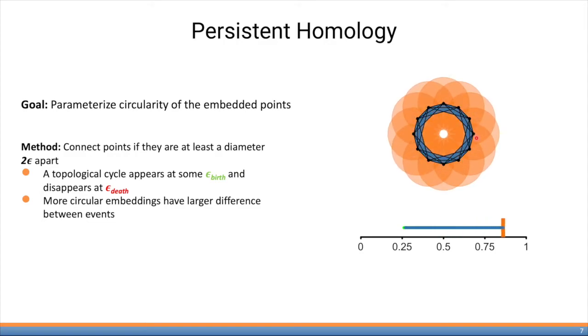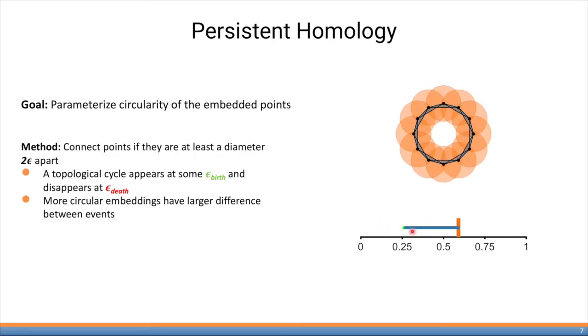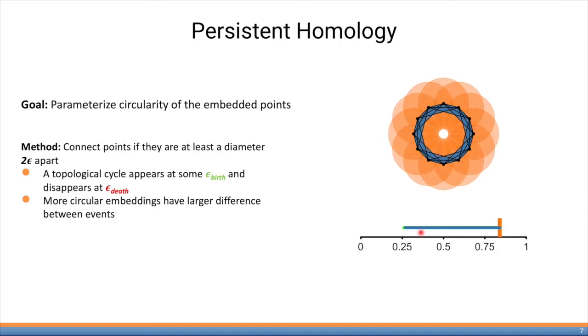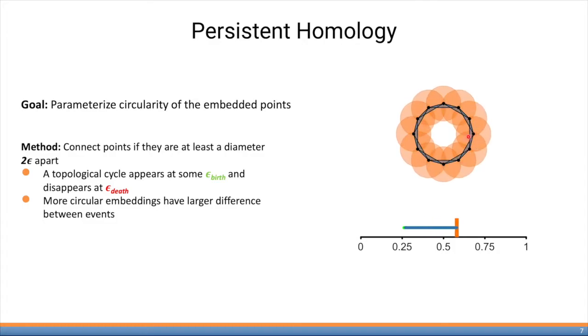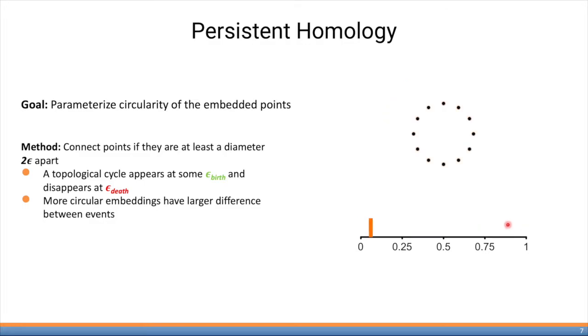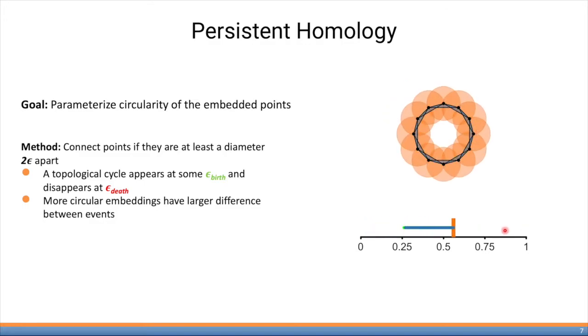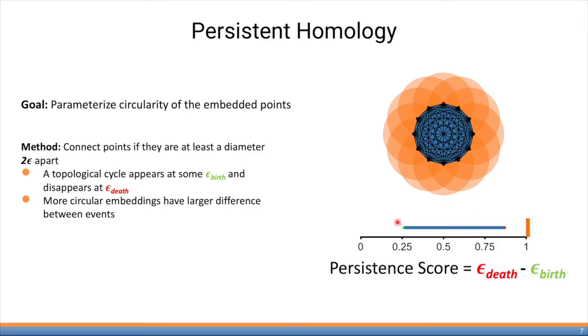When a complete cycle is formed amongst a set of points at some epsilon b, we see the initial appearance of a topological hole, a birth event, i.e. a closed cycle lying entirely inside the disks surrounding the embedded data. As disks are increased, the topological hole eventually closes at some radius epsilon d, defining the death event. The persistence score of a topological feature is defined as the difference between the death and birth radii.